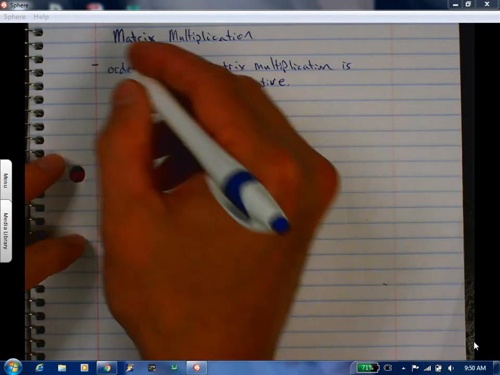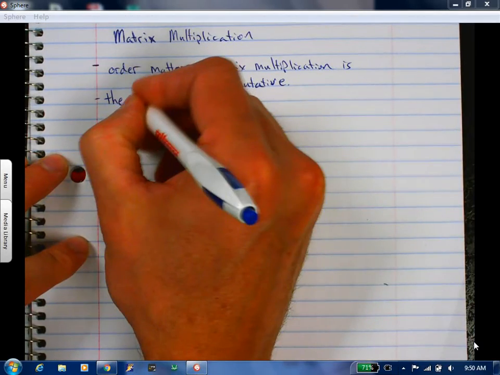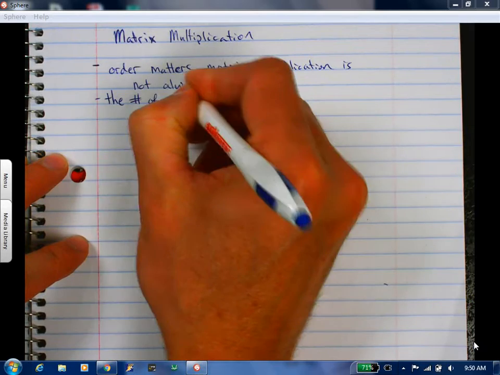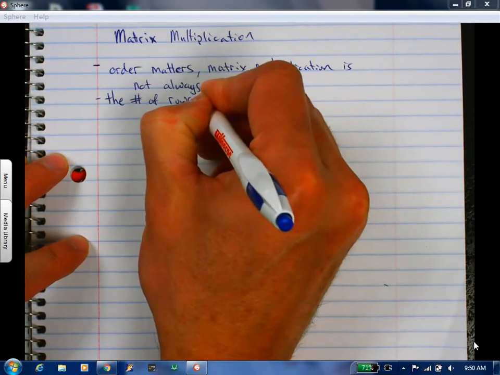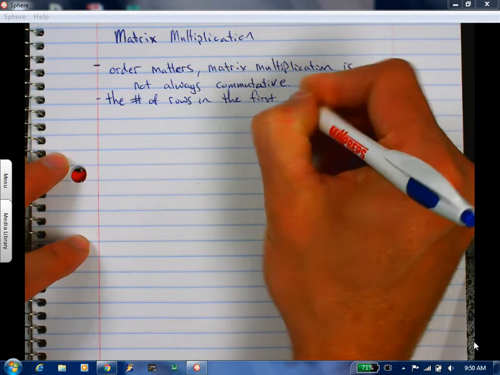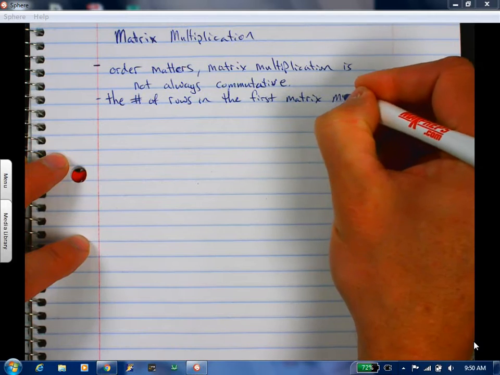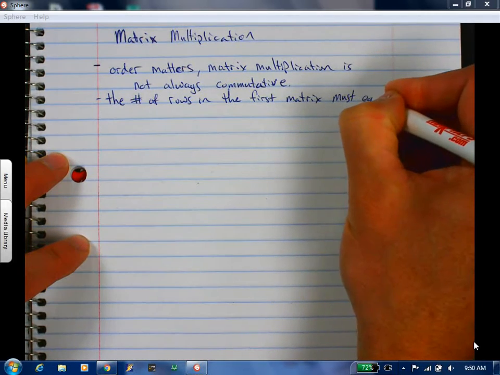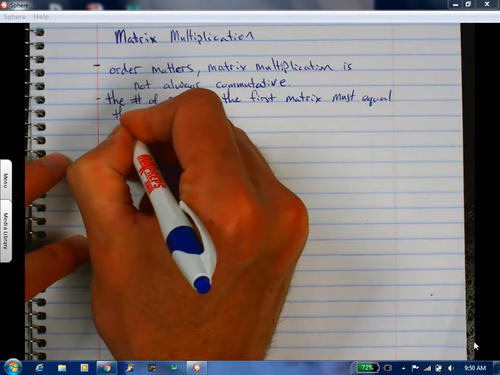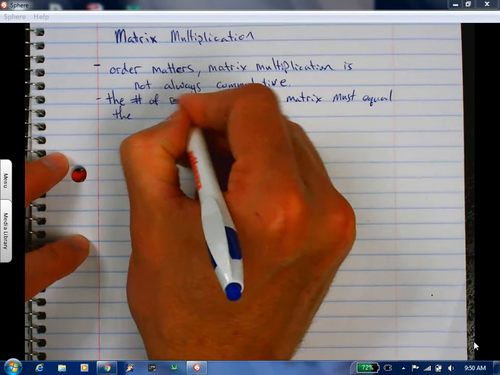I'm going to write this down and I'll give you an example here. The number of rows in the first matrix must equal, hang on, sorry, got this backwards. The number of columns in the first matrix. Columns.